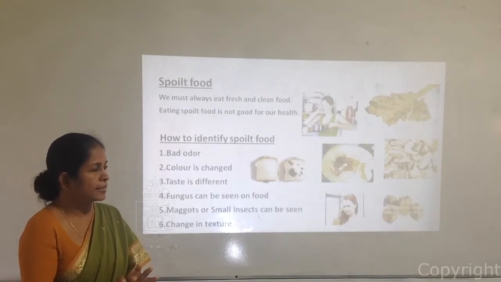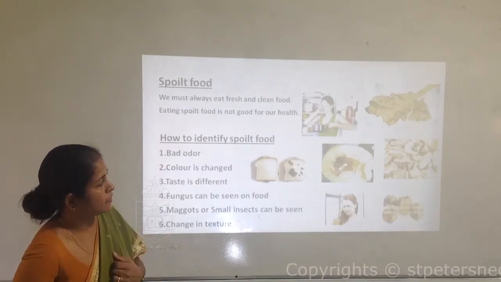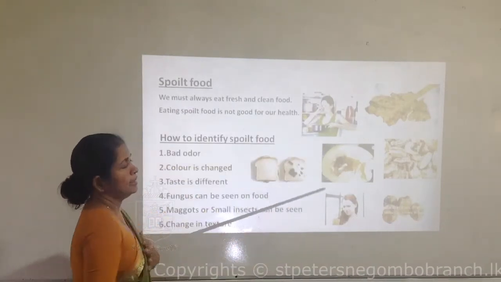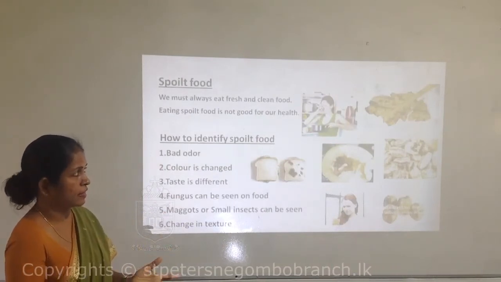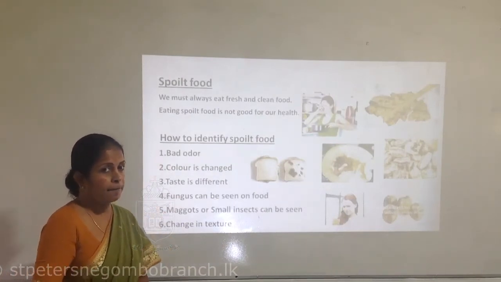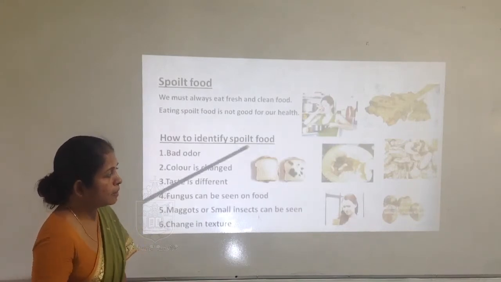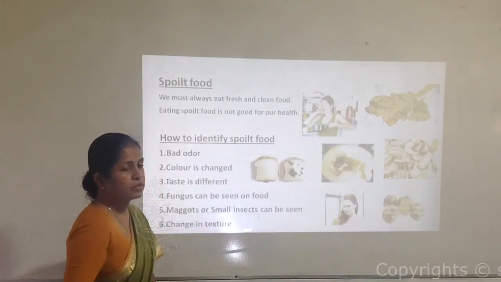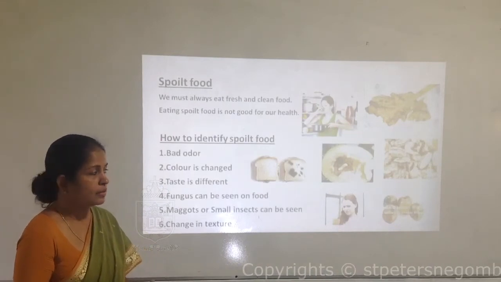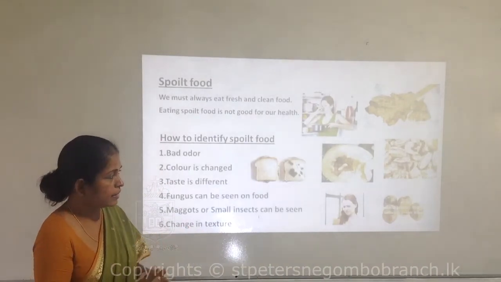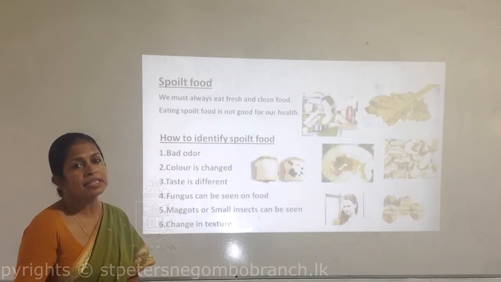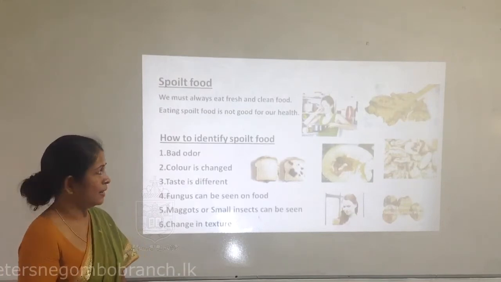And you can see the leaf here. It's different. The texture is different. It has to be a green color, but it has gone. It's not suitable. And this apple, no, it has gone. Color and texture, everything is not there. So it's not suitable to eat.